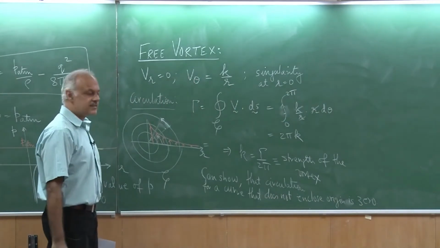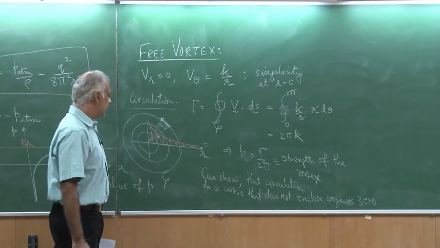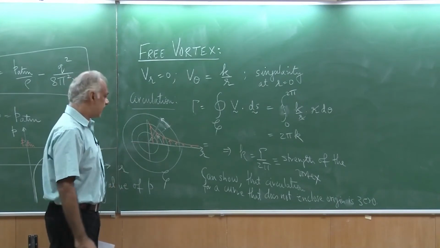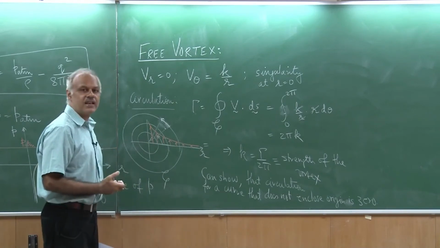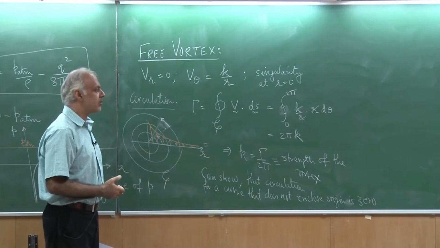So what that means is that this value of circulation is essentially because of the singularity at the origin. If you can somehow ignore that singularity, then you would see that the circulation is 0, and therefore the flow would be irrotational.